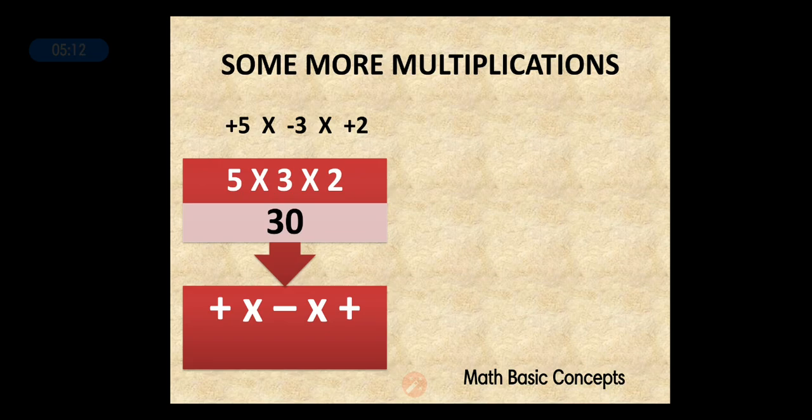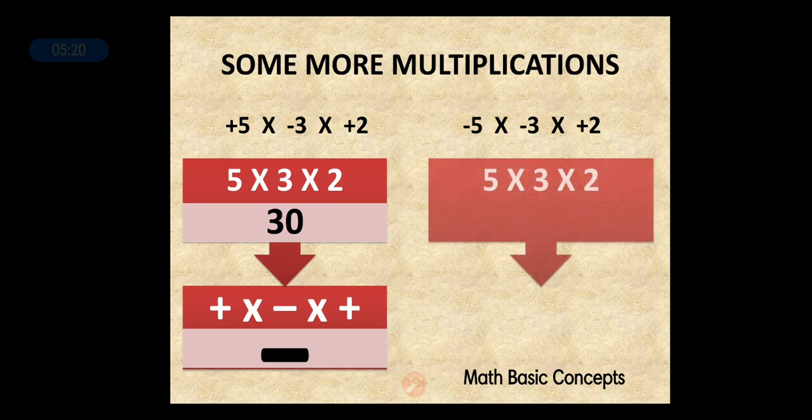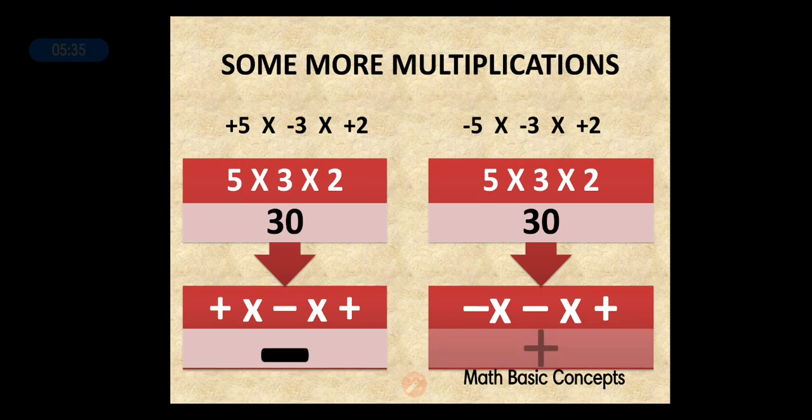Again, negative multiplied by positive becomes negative. So finally, we get minus 30. Same way, first multiply the numbers, then multiply the sign. Here minus multiplied by minus becomes plus. Again, plus multiplied by plus is plus. So the answer becomes plus 30.